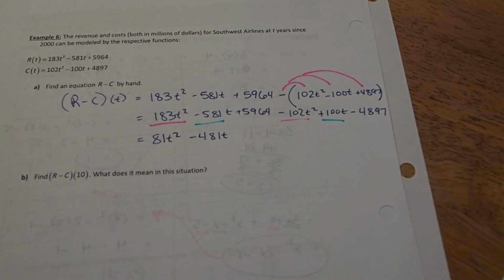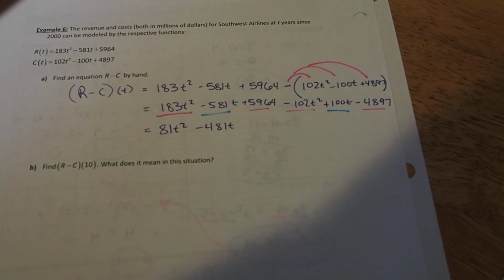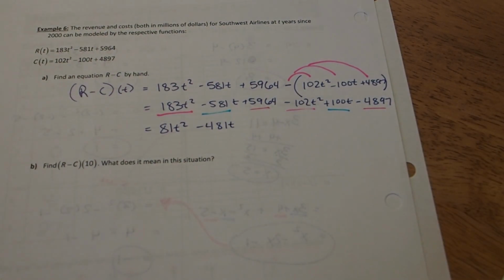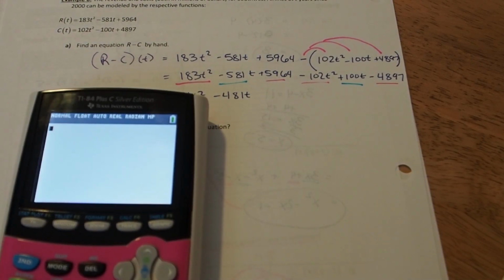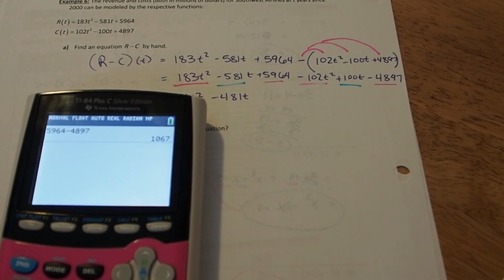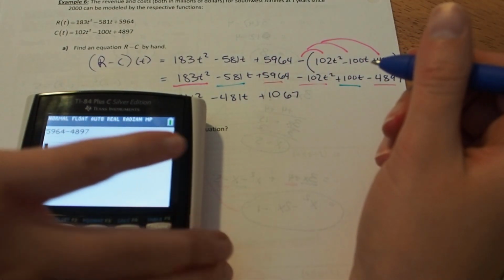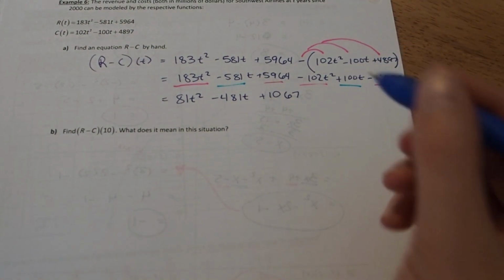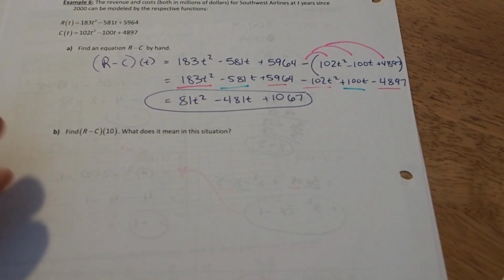And for the last two terms, I'm going to grab my calculator to make this computation, but I need to take 5,964 minus 4,897. That's going to leave me with a positive 1,067. So this is the equation for R minus C of t.